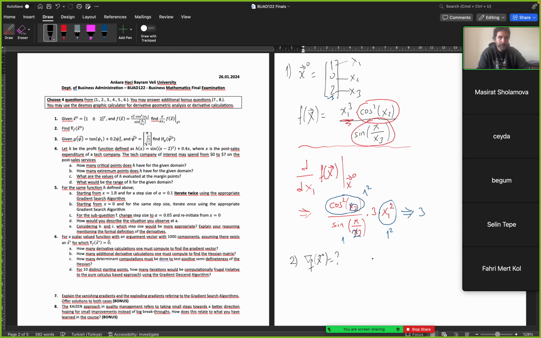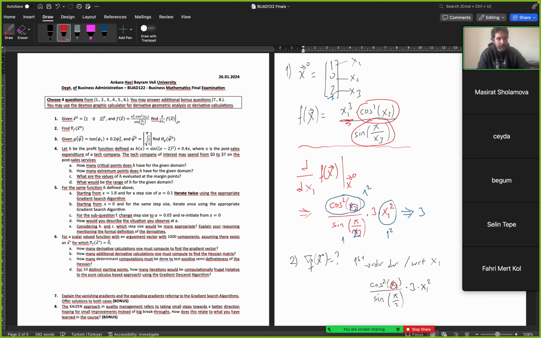So the first derivative with respect to x1 is cosine squared of x2 over sine of pi over 2, and we have a 3 here, and we have x1 squared here, and then we just plugged in our numbers.